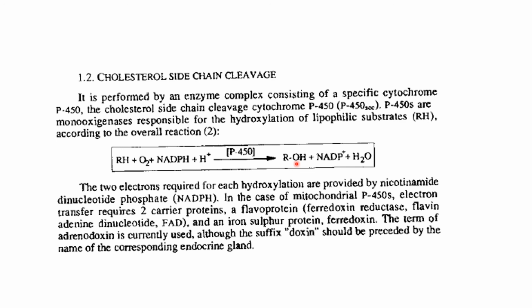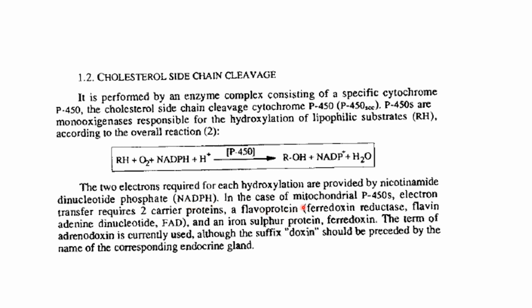So what do we need? We need 2 electrons for each hydroxylation. And where do we get those 2 electrons? We get them from NADPH, which is nicotinamide adenine dinucleotide phosphate. You should have heard this before in other classes.